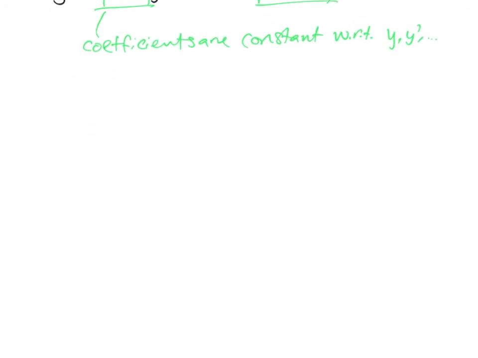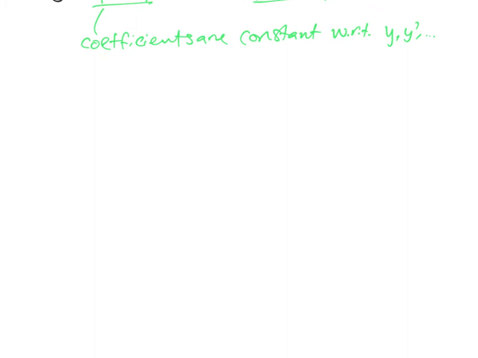Let's do some examples. Our first example will be y double prime plus y equals g of t. And this is linear because all of the things in front of our y's don't have other y's in them.